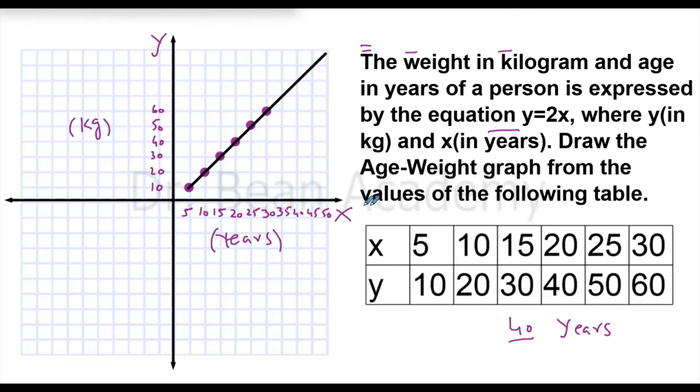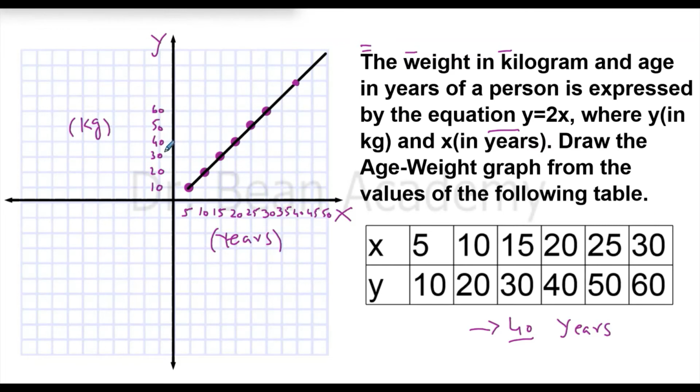Of course, it's easy to extend the scale. My question was, if his age is 40 years, I will go along the x-axis to 40 and then go up until I stop at the line. Here I will make a point, and that point should be on this straight line. That is very important. Now when his age is 40, I will go across and predict this value. So I can extend this graph as well.